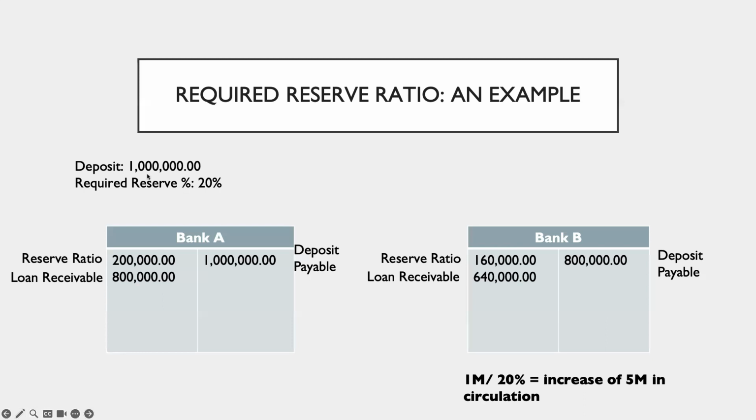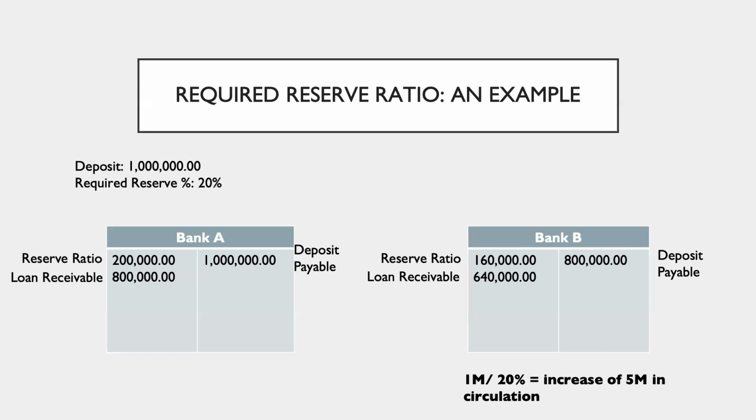We have a deposit of 1 million, and a required reserve of 20%, meaning this deposit of 1 million is 20% of the whole amount that is supposed to be in circulation in the economy.